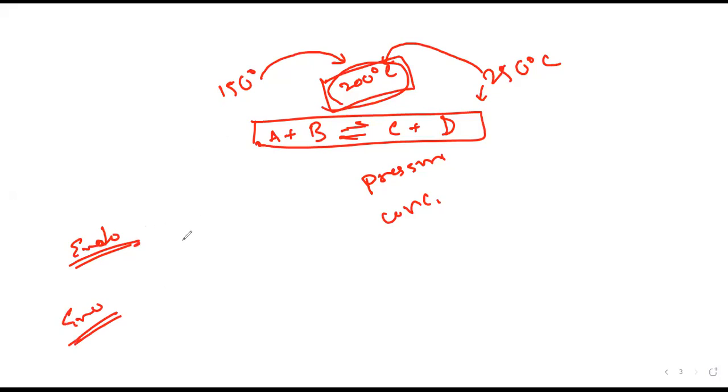So in endo, it absorbs energy. In exo, it releases energy.